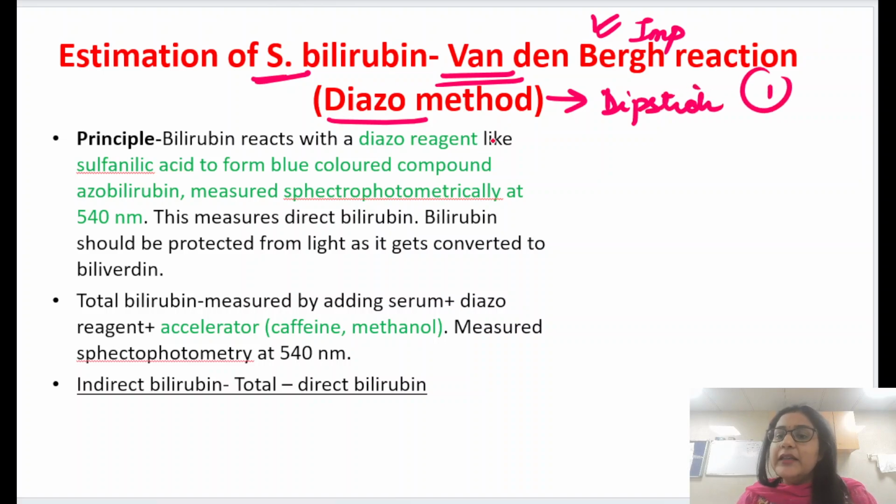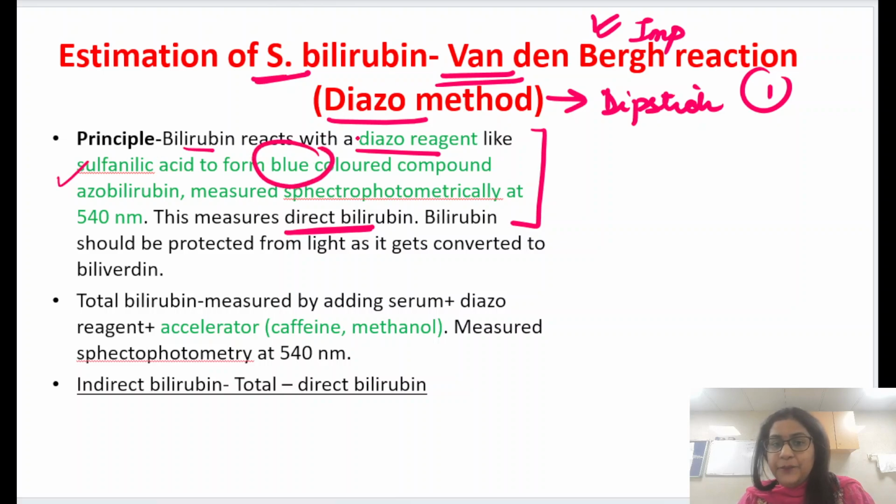Second thing, why is direct bilirubin called direct? Because direct bilirubin you can measure directly by a Van den Bergh reaction. You take your blood sample, you add a diazo reagent like sulfanilic acid, and it will form a blue color directly without adding any activator.